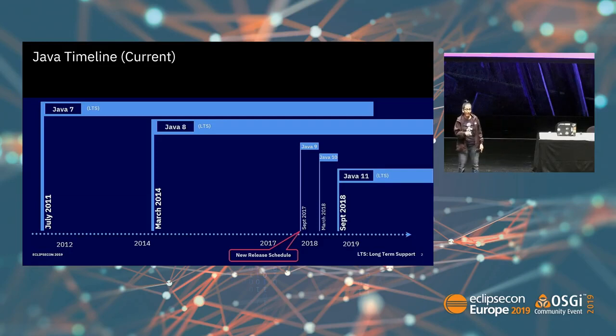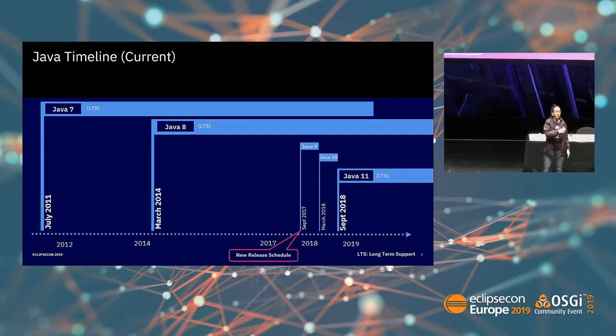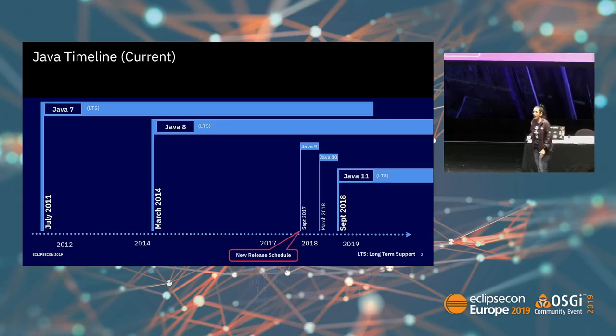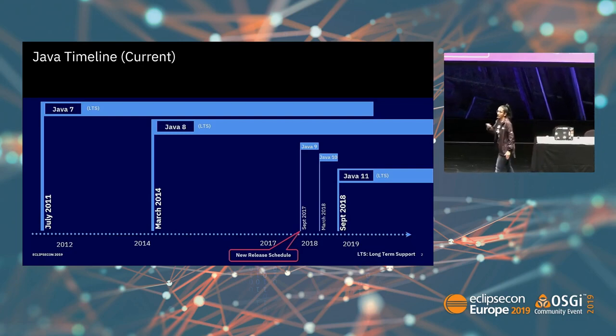That means that just like Java 8 and Java 7, if you go to Java 11, you can stay on Java 11 and get long-term support. What that also means is that if you're on a short-term supported Java version, then you need to update every six months.